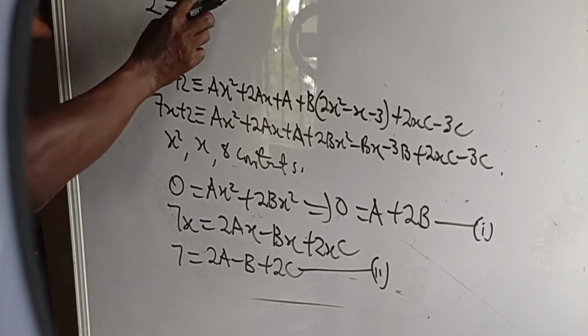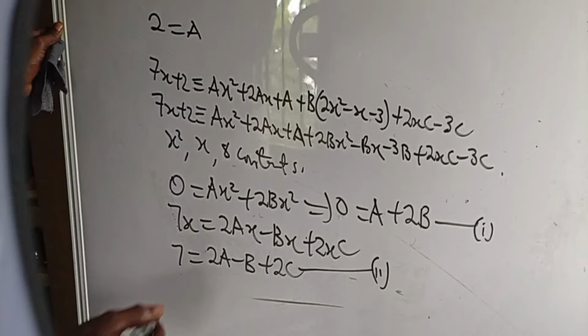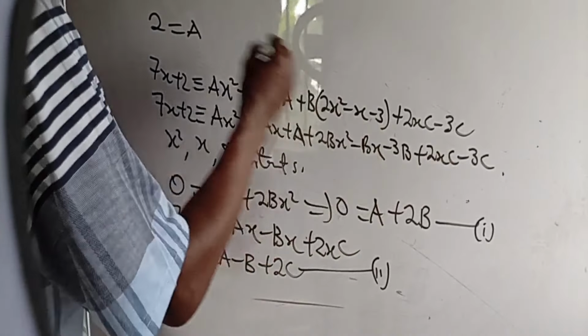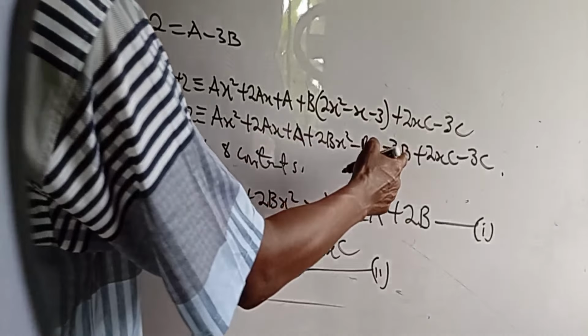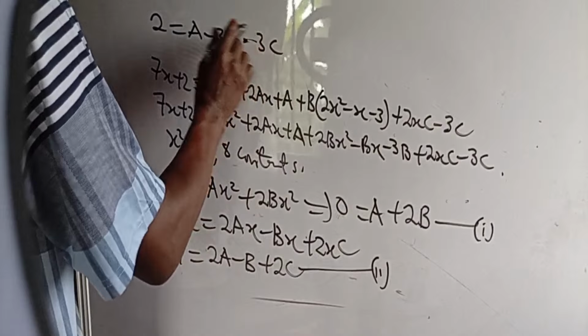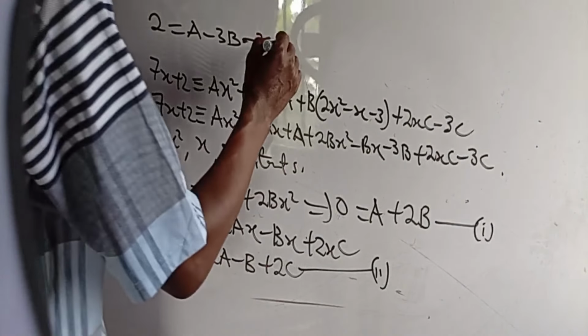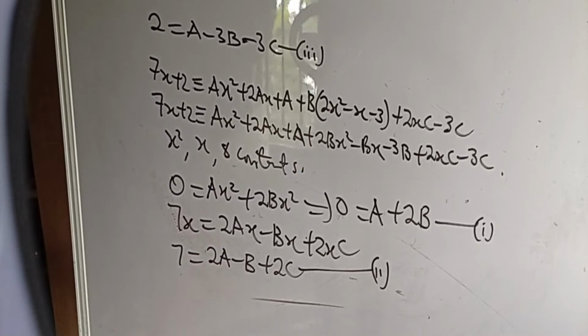Let me write this: 2 is equal to a minus 3b minus 3c. So these are constants. We can call this one equation 3. I think I'm right. Let me check well so that we don't have issues.